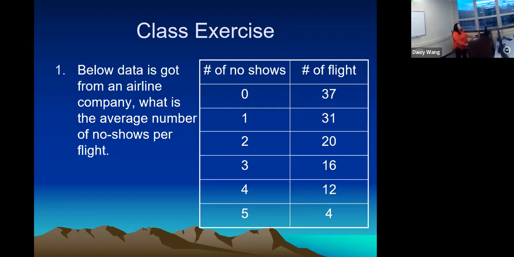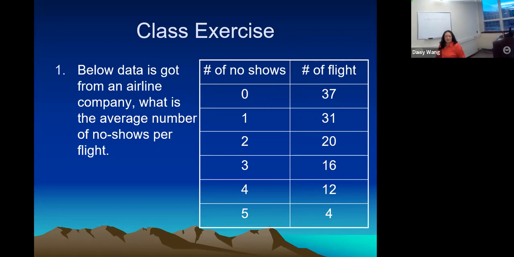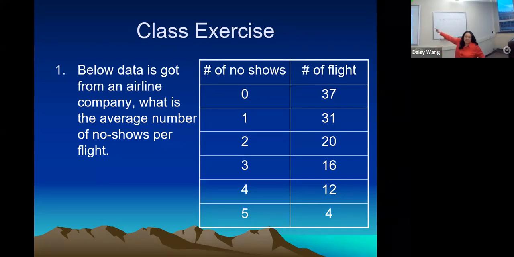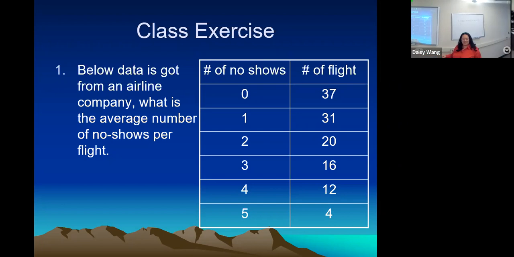So in this case, okay, what is our mode? Very good, 0, right? 0 has the most frequency. What is the median? So the total is 120, right? So the median will be the 60th and 61st.